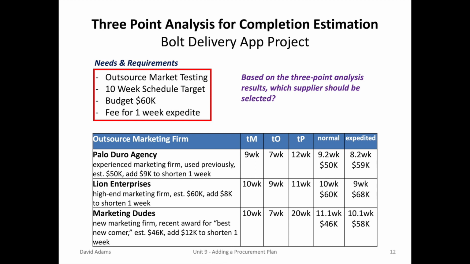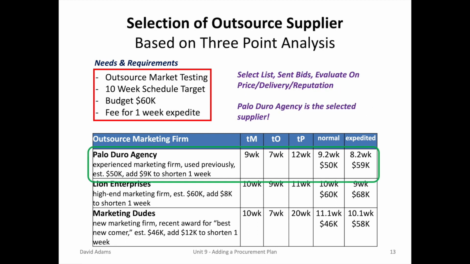The Marketing Dues are a new marketing firm, recently awarded the best newcomer, but that 20-week pessimistic estimate is what killed them and pushed out the schedule. So based on both the estimate and the mitigating information received, Palo Duro Agency is the selected outsourcing marketing firm.